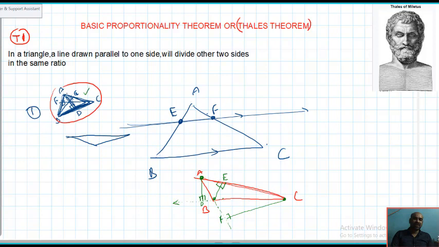So in an acute angle triangle, three altitudes are inside, but in an obtuse angle triangle only one altitude is inside, and the other two are outside. The point of concurrency of altitudes is called the orthocenter. If you extend all these three, they will meet at a point. This is called the orthocenter, denoted by O. Here this is the orthocenter. So what I am trying to explain is that in an obtuse angle triangle, one altitude is inside and the other two altitudes are outside.